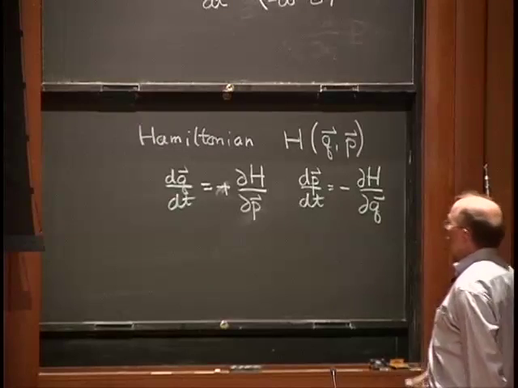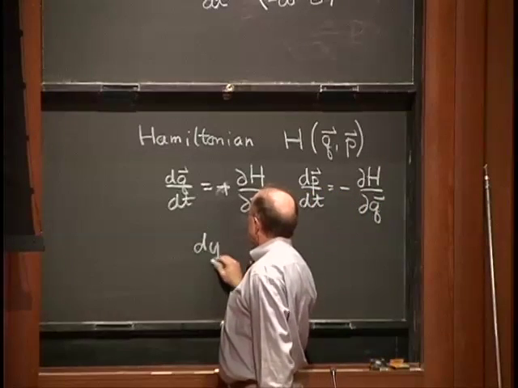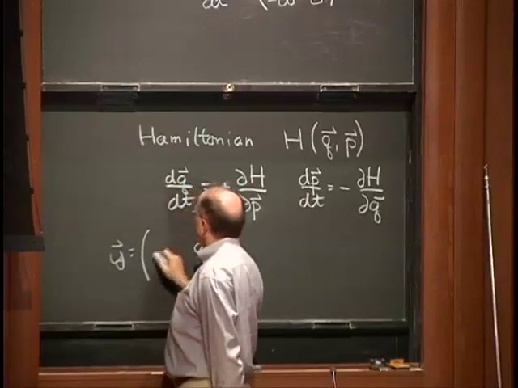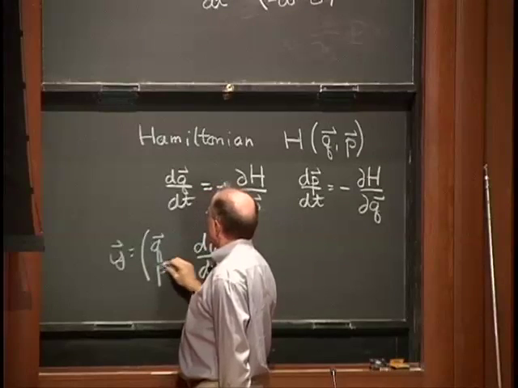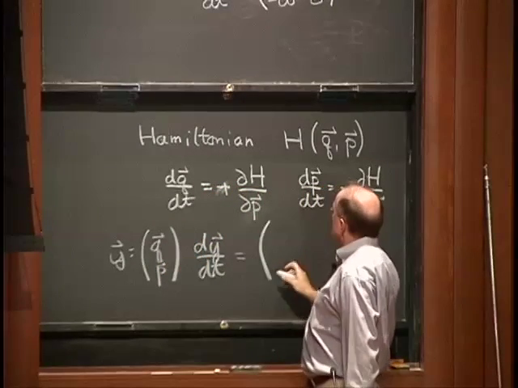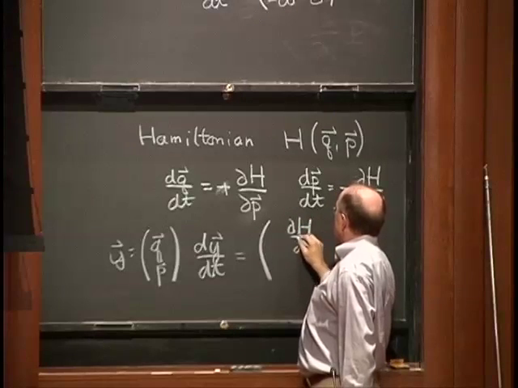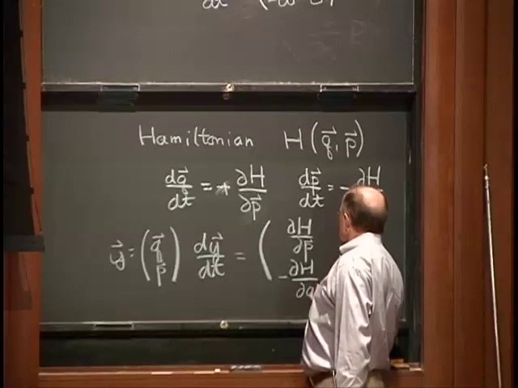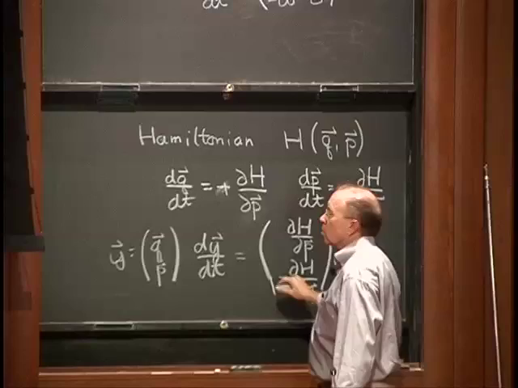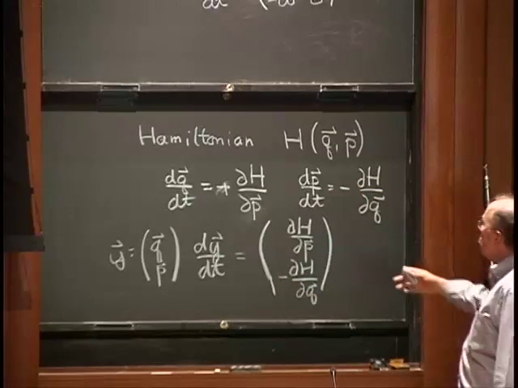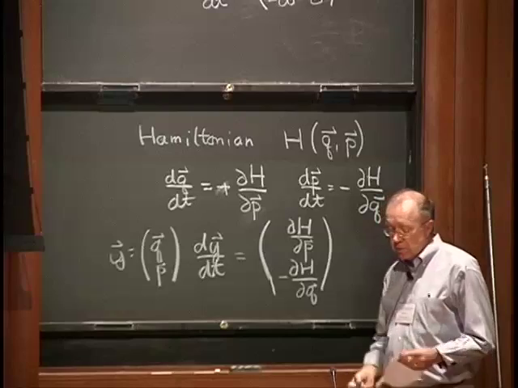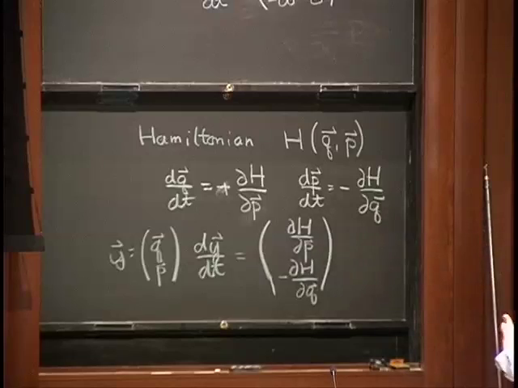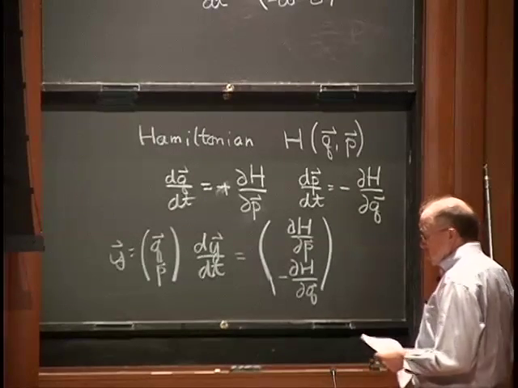And then, of course, the equation of motion is just that dy/dt, where y is q and p, is just dH/dp and minus dH/dq. So most of the systems that you deal with in astrophysics are of this kind. So that's the exact set of differential equations that you're trying to deal with.